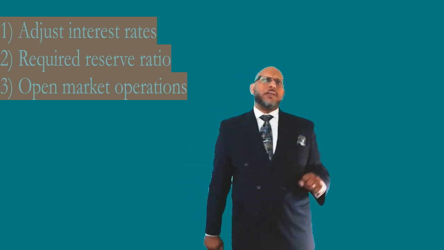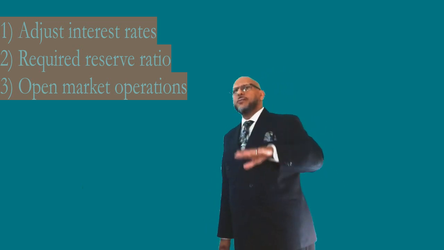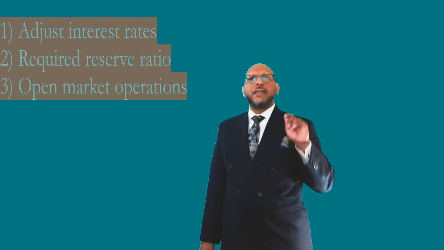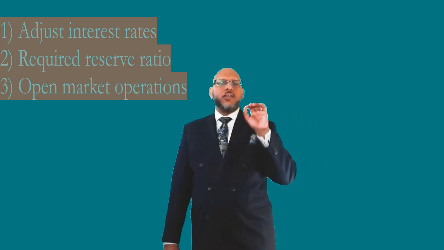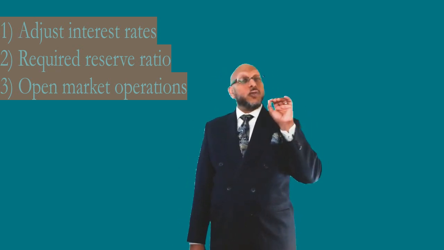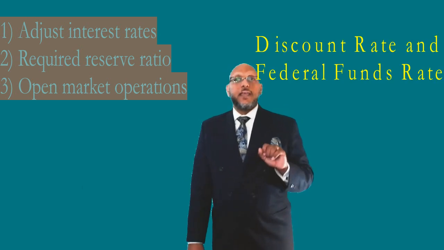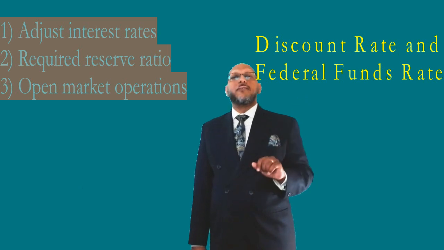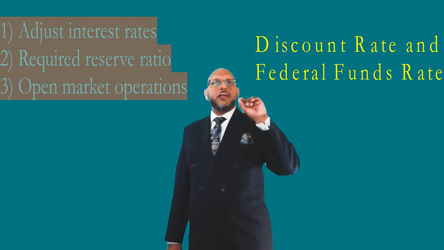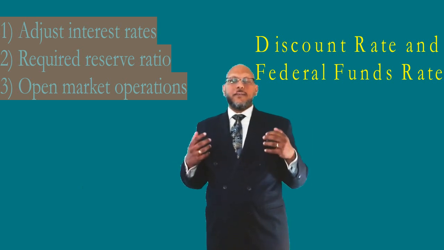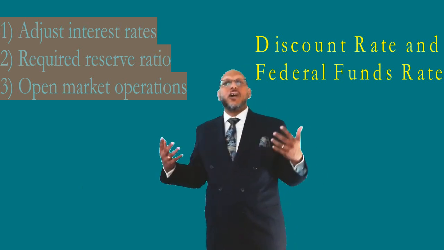But what do those three mean? Well, I've alluded to the first. The Federal Reserve can unilaterally decide what the discount rate will be and have influence on what the federal funds rate will be. Those, again, are the cost of funds for a bank when they borrow money from the Federal Reserve or from each other.